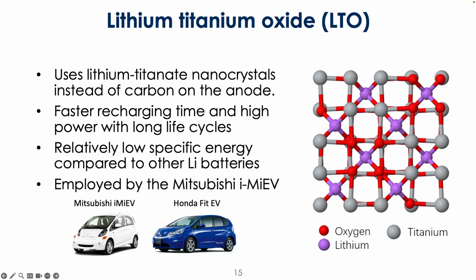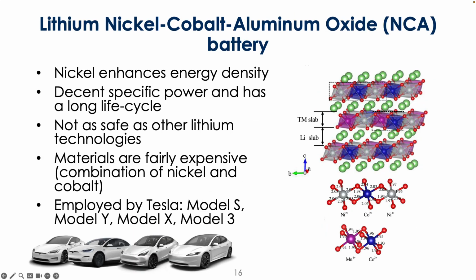Okay, and now moving on to, I would say, the big three. So NCA batteries, or lithium nickel cobalt aluminum oxide batteries. This is, or I would say was, the flagship battery used by Tesla.